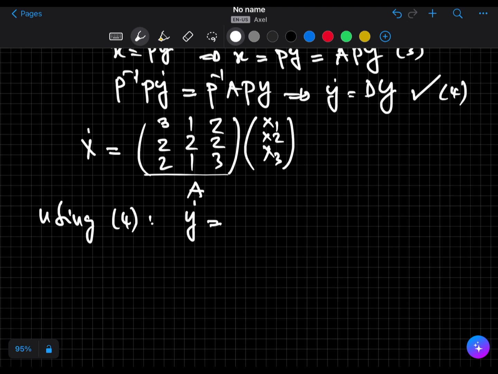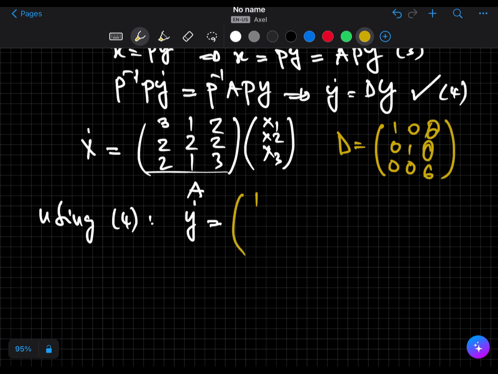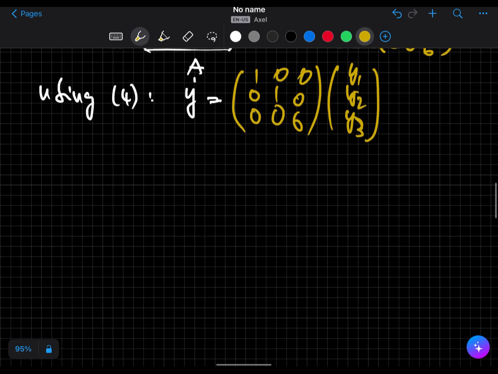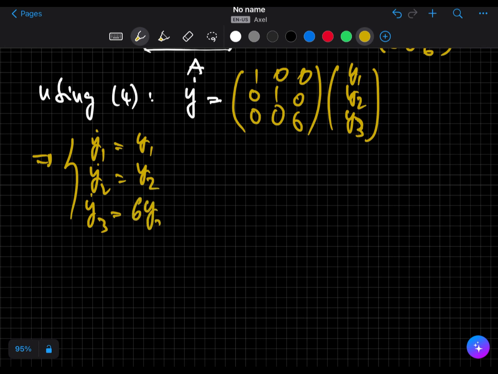Remember that I already have the eigenvalues, so D will be diag(1, 1, 6), times y1, y2, y3. Once I have this, I can have y1 dot equals y1, y2 dot equals y2, and y3 dot equals 6 y3.